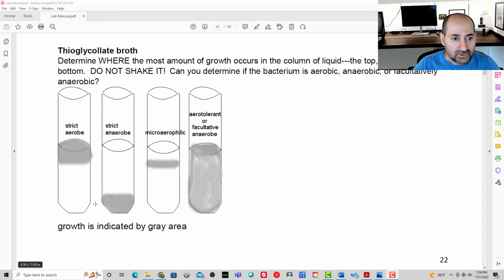If there's growth only at the bottom, this indicates a strict anaerobe. If there's growth not quite at the top, at the surface of the solution, but slightly underneath, this is indicative of a microaerophile. And if the growth is throughout the tube, these are either aerotolerant or facultative anaerobic bacteria.